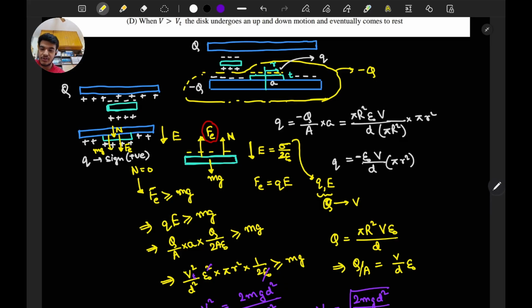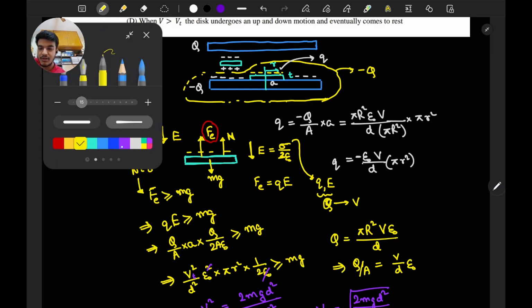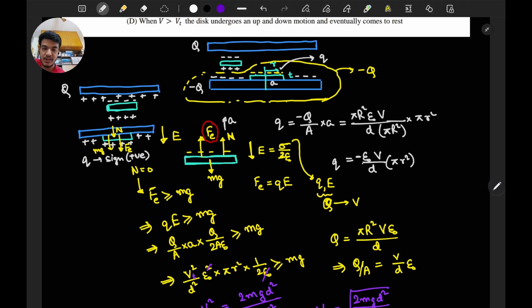So each and every force is downwards, and easily this plate would come again down and it would be accelerating downwards. Here it was accelerating upwards when it was at the bottom plate, with some acceleration a, and similarly when it would be coming downwards, it would be accelerating with some acceleration, say a dash, when it comes in contact with the above plate. Then again, similarly when it will be coming downwards, over and over again the same process will occur, the same charge distribution will occur with the bottom plate as well.